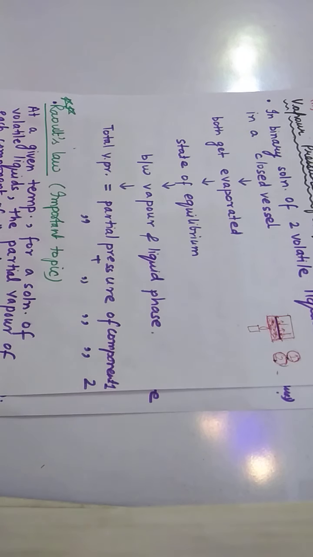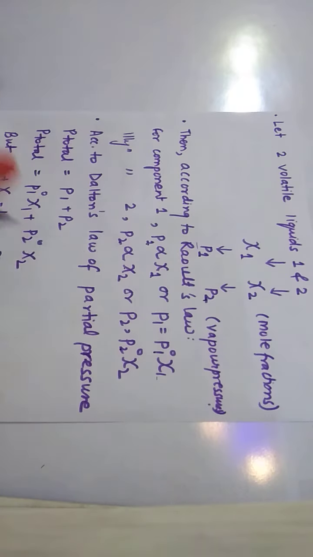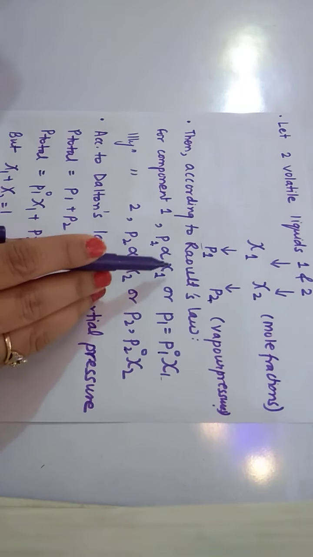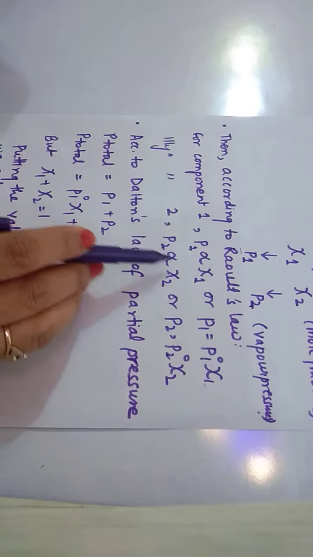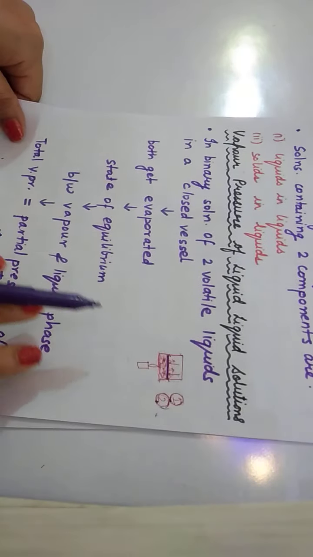Suppose we take a daily life example. If two people both have to push a stone, one thing is they push it individually. When it is individual, it is like P1 directly proportional to mole fraction of 1 and P2 directly proportional to mole fraction of 2. It is their individual pressure.